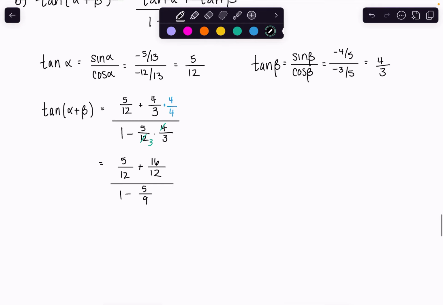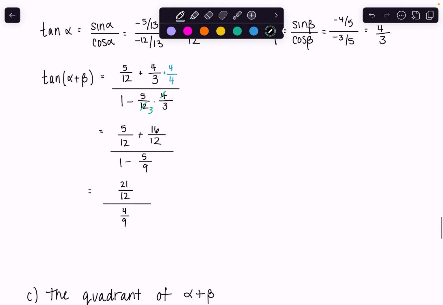So simplifying that, at least the top, I can go ahead and now add. 5 plus 16 gives me 21 over 12. And then in the bottom, 1 minus 5 over 9 would be 4 over 9. So to divide two fractions, we multiply by the reciprocal. So that gives me 21 over 12 times 9 over 4.